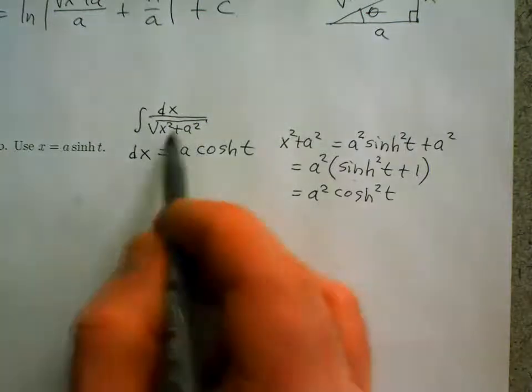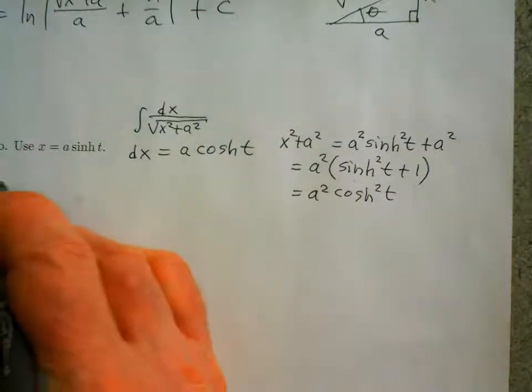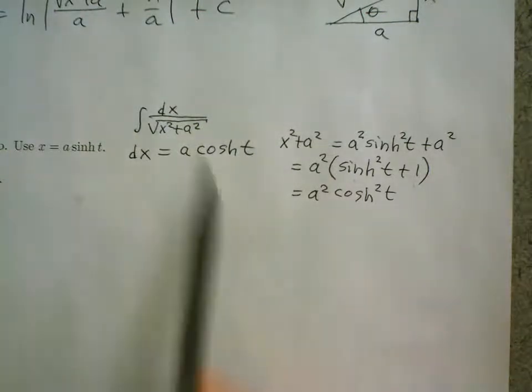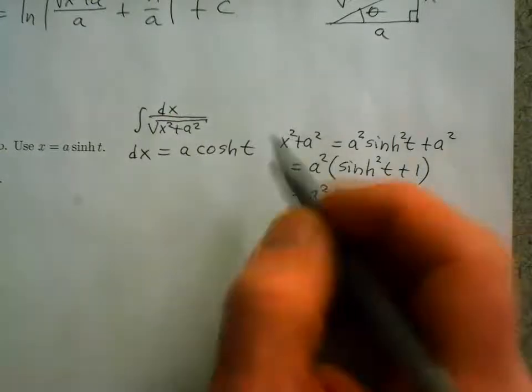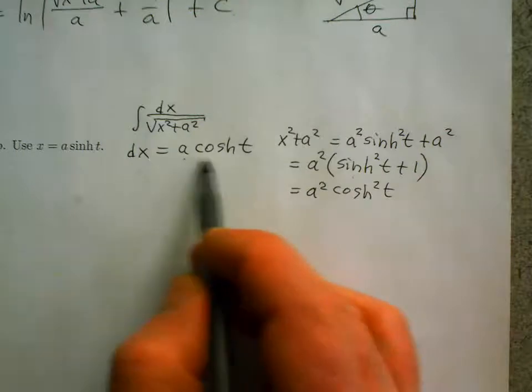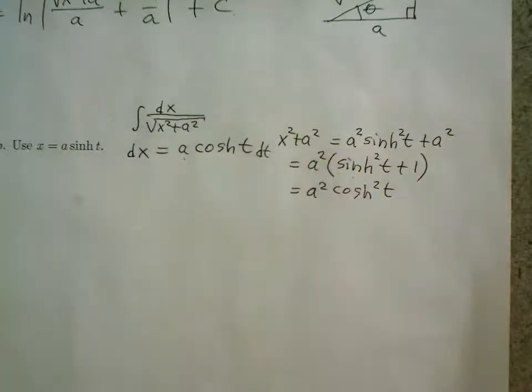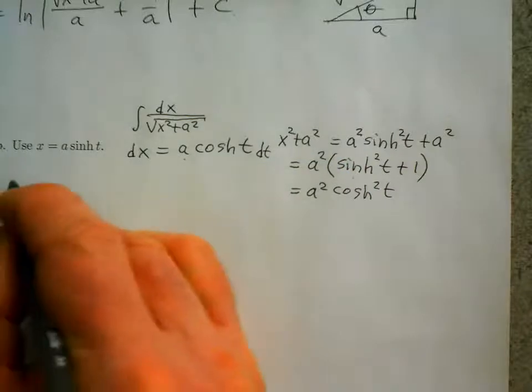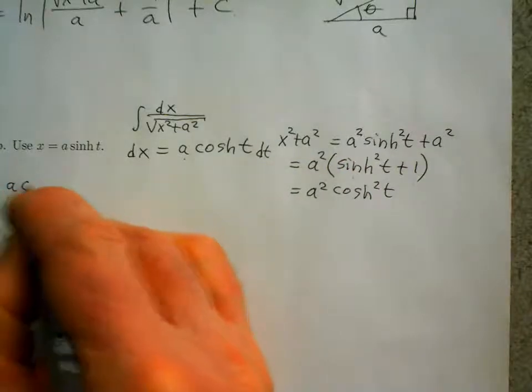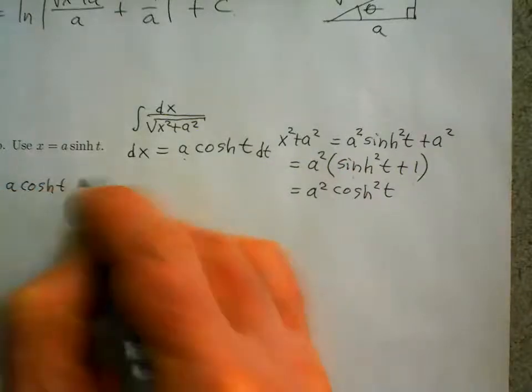Okay, so now we'll make substitutions. We replace dx in the numerator. Oh, I forgot. So dx is a times hyperbolic cosine of t dt. So in the numerator, a times hyperbolic cosine of t dt.